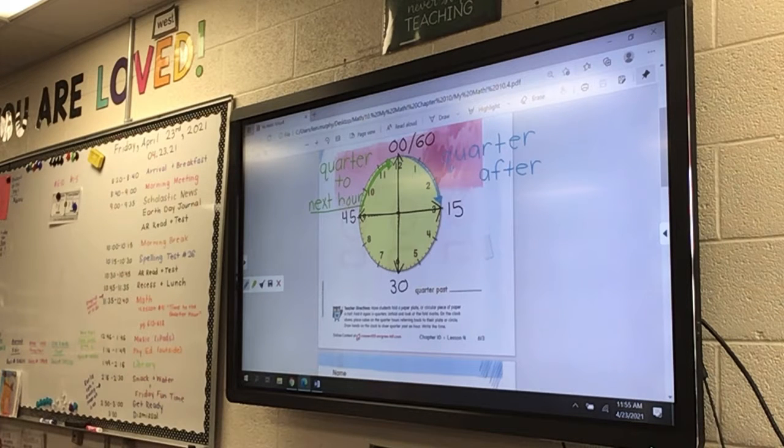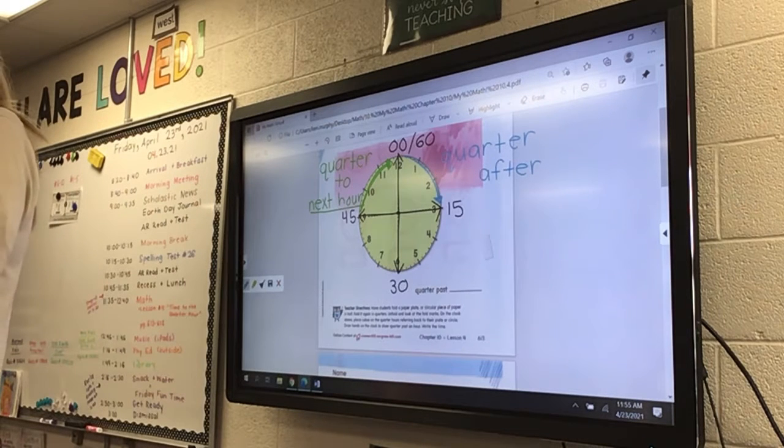No. You have half past. Nope. Quarter after 3, Kinsley. Switch your hands. Nope, try that again. Quarter after 3, yes. You have 3 o'clock. You have it on the hour. I want a quarter after 3. Nope, I'm seeing if you know it.